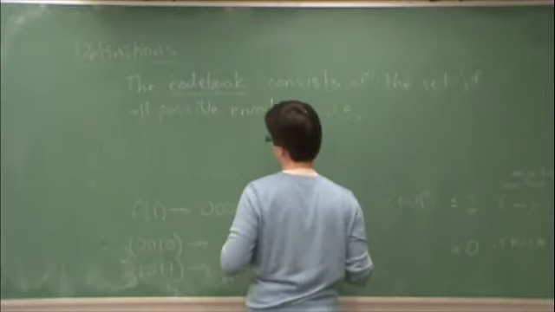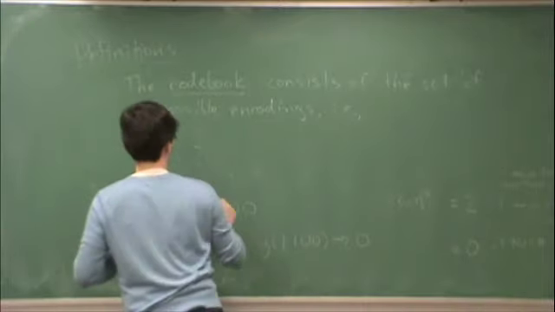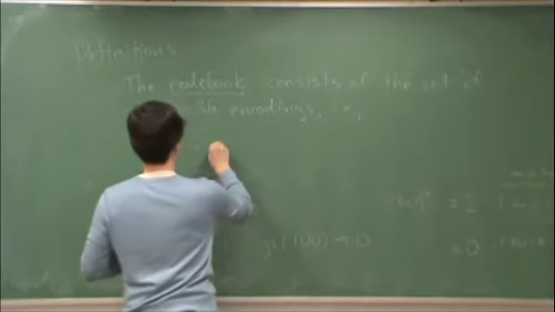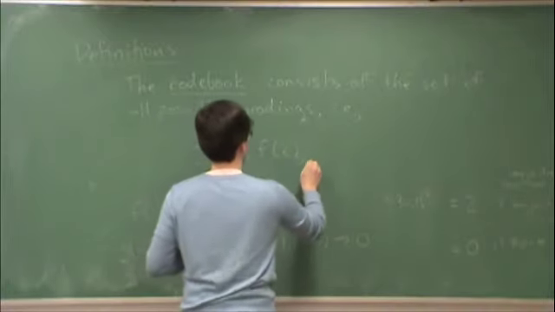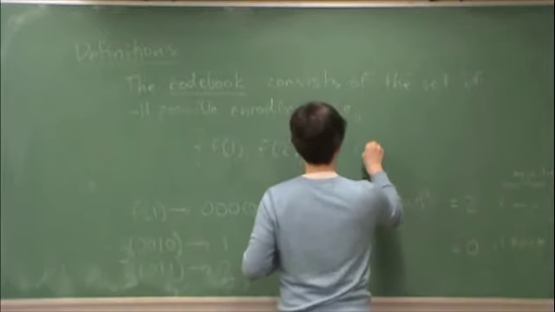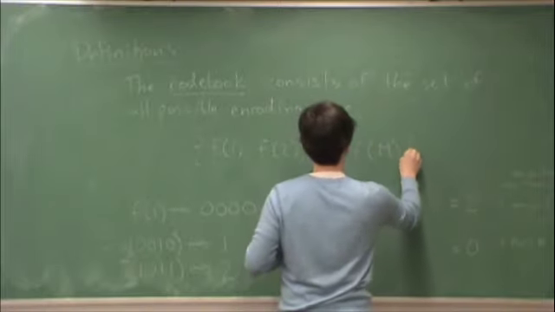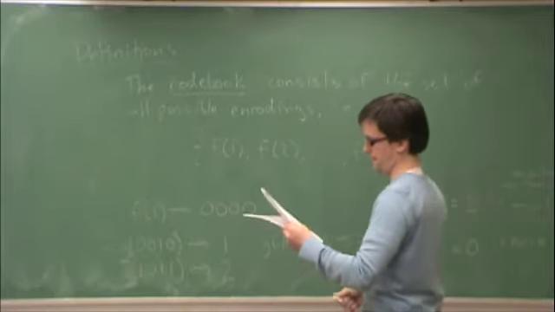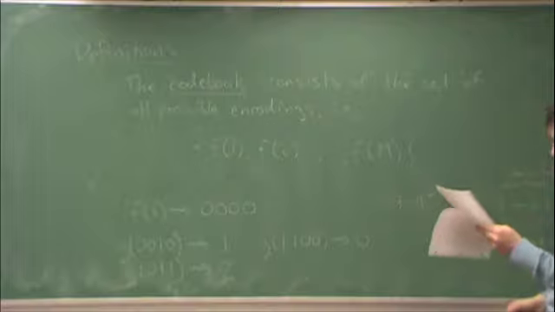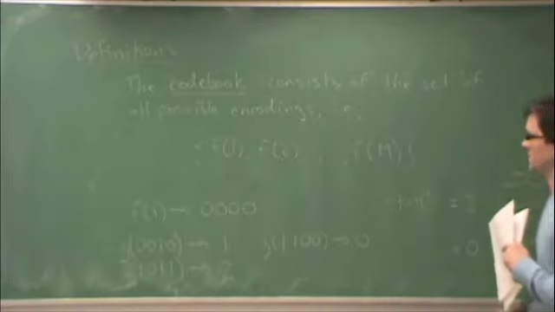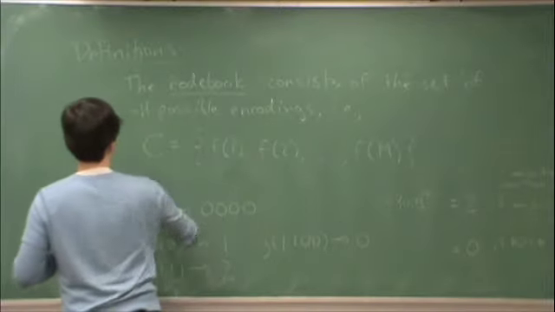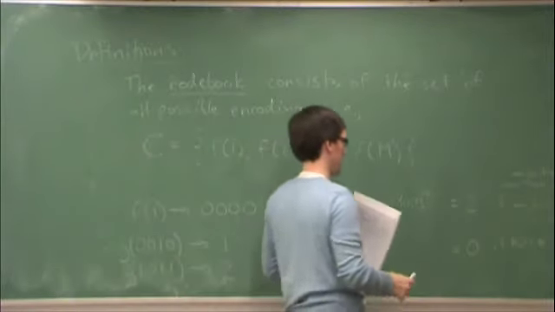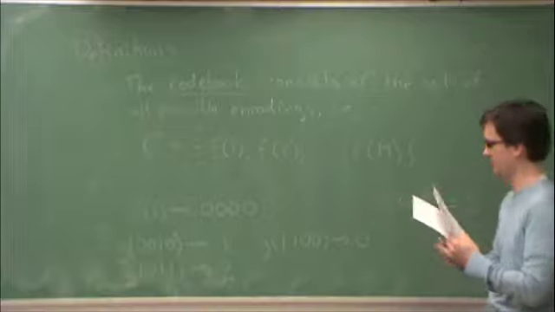That is, it's the set consisting of the encoding for message 1, the encoding for message 2, and so on, up to the encoding for message capital M. Sometimes I'm going to give this the symbol capital C for code book. So that's the set of all valid code words that can be transmitted.